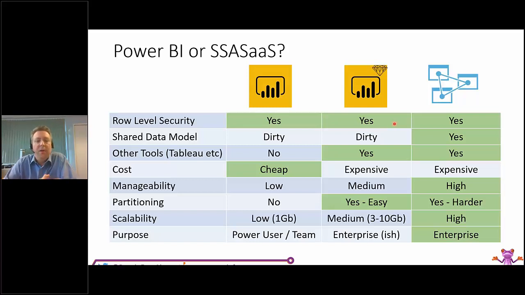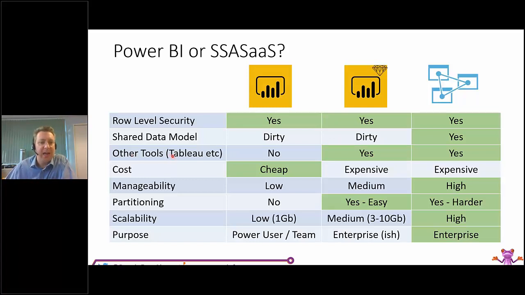I want to have one standard, well-made, optimized data model that's been managed and well-designed and use that for the vast majority of my reporting. That's entirely what analysis services is designed to do, or maybe 2 or 3 models. Power BI encourages lots and lots and lots of models. Yes, you can reuse them, but it doesn't encourage consolidation. And so yes, you can share data models, but it is a little bit dirty in my opinion.